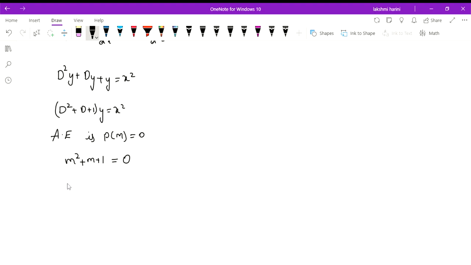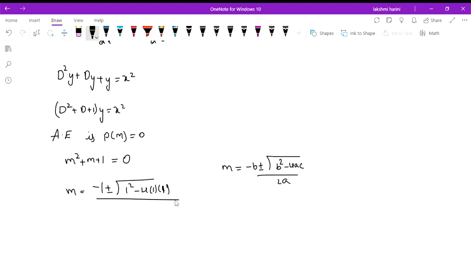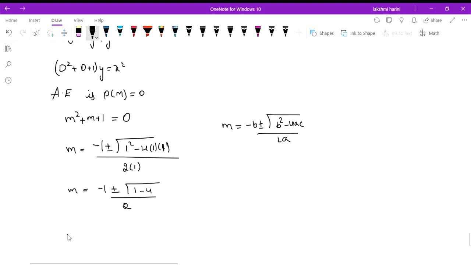So now we apply the formula m equal to minus b plus or minus root over b square minus 4ac by 2a. Our b value is 1, and the c value is 1, and a is 1. So m is equal to minus 1 plus or minus root over 1 minus 4 by 2, which gives minus 1 plus or minus root over minus 3 by 2.